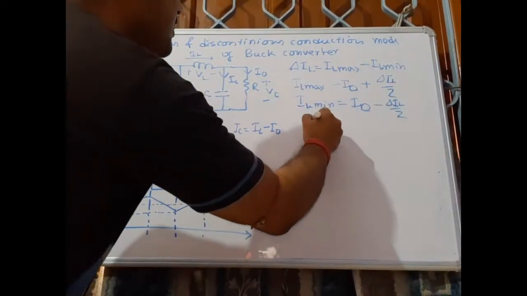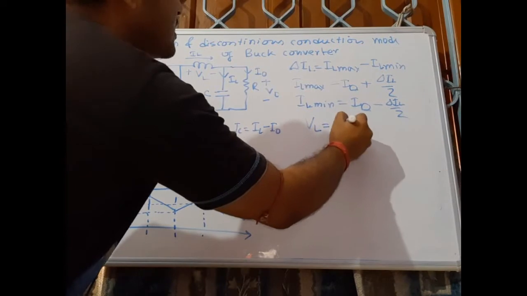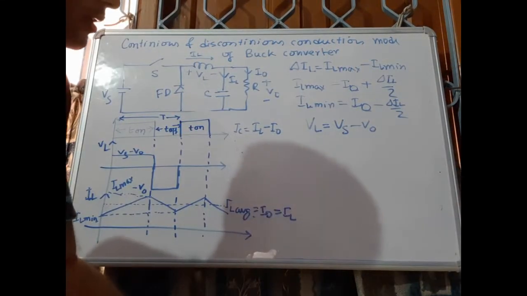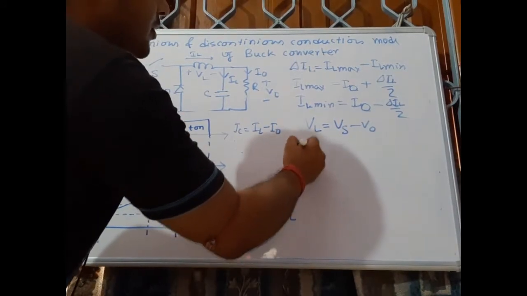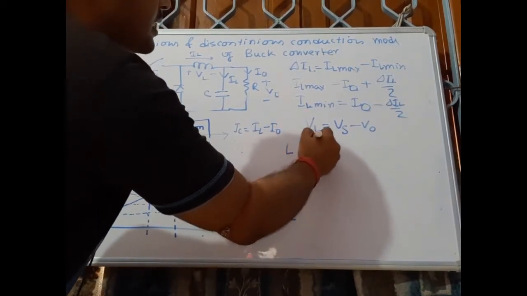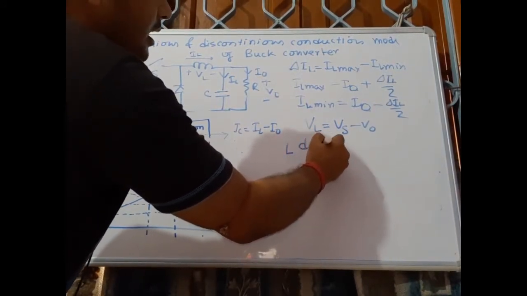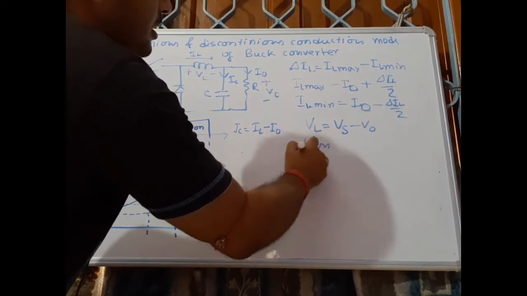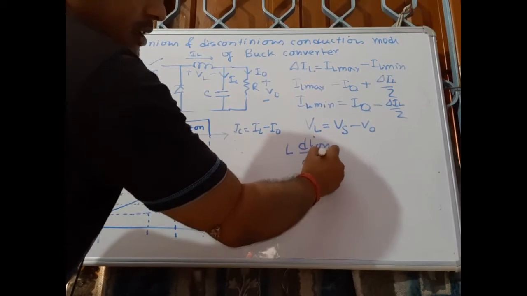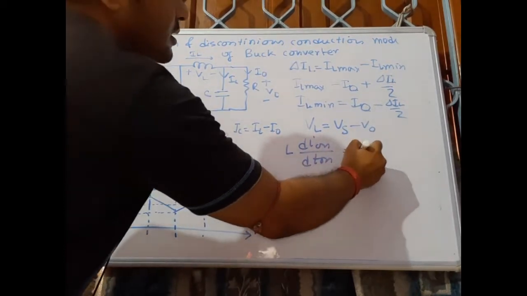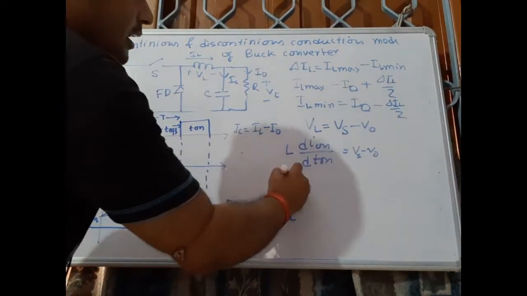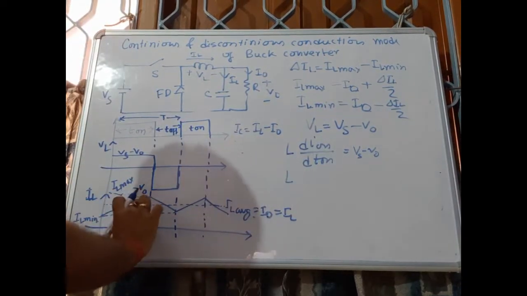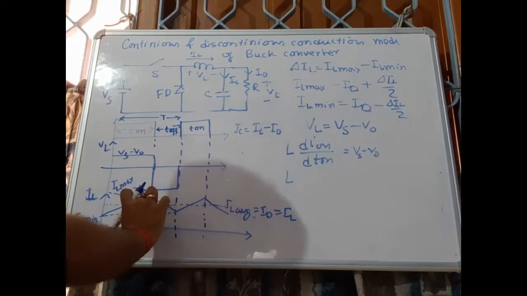Now say VL in the on condition, VL equals Vs minus V naught, we know that, and VL can be written as, for the on condition, L di by dt on equals Vs minus V naught, and this is L, and di in the on condition is the actual difference.